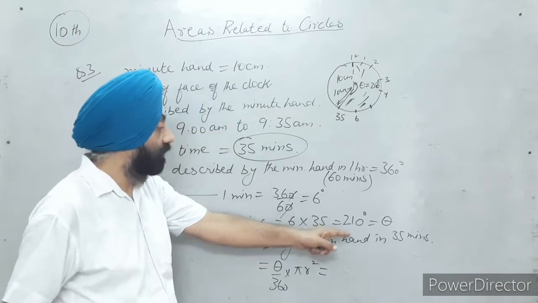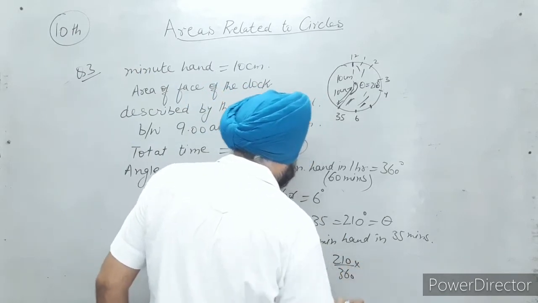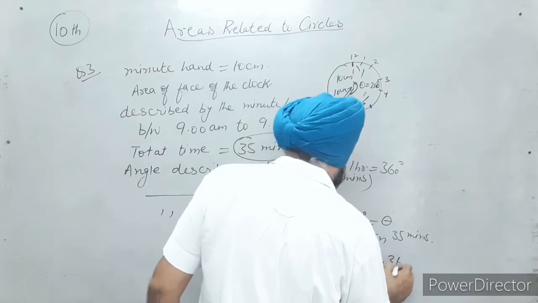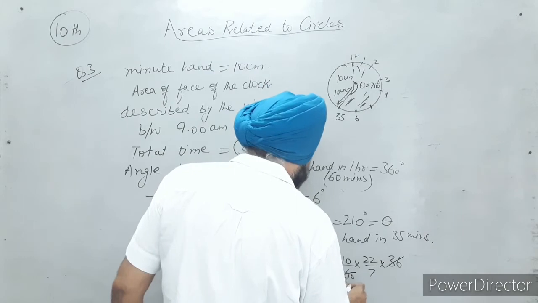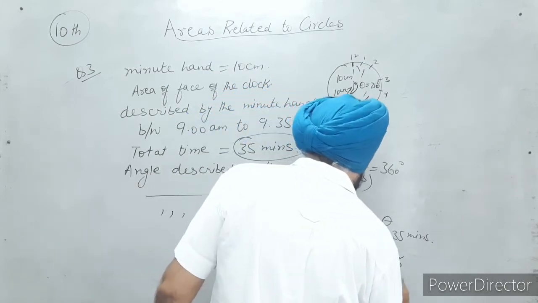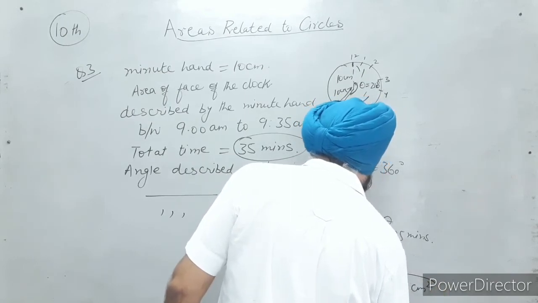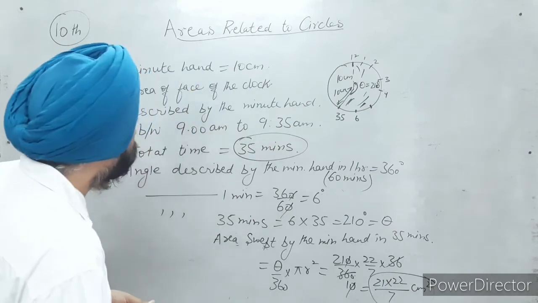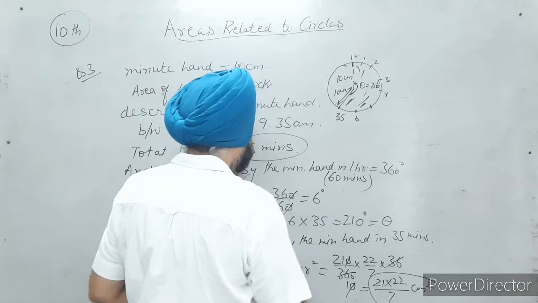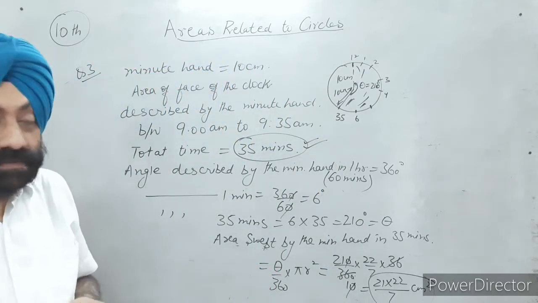What is theta? Theta is 210 upon 360 into pi r square, that is 22 by 7 into 36. This goes at 10, right? 0 with 0 cancels. Rest is 21 into 22 by 7 centimeters square is the area which is swept or described by the minute hand in how many minutes? 35 minutes. This is the way we calculate this.